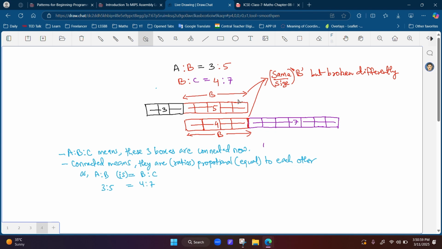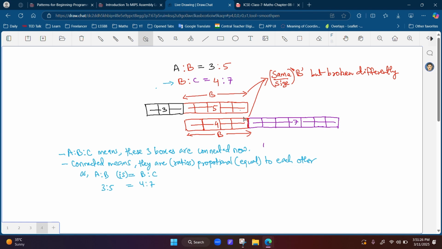So as you see here, B on top has the same size as the B, the red box below, but the partition below is 4. So the B box below is divided into 4 equal parts because of this ratio, B ratio C. Now C is another box which has 7 parts.